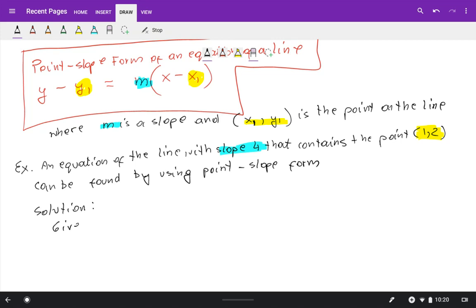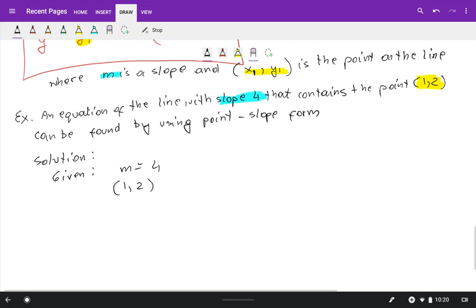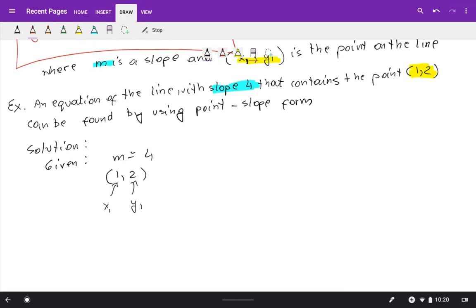Given information: our slope, which is 4, and we have a point (1, 2), where 1 represents x1 from the formula, and 2 represents y1 from the formula. Point slope form is y minus y1 equals m times x minus x1, and we're going to replace m with 4, and replace x1 and y1 with 1 and 2.